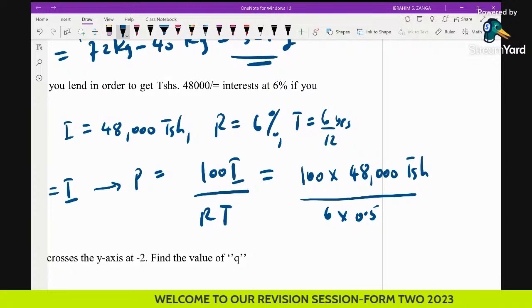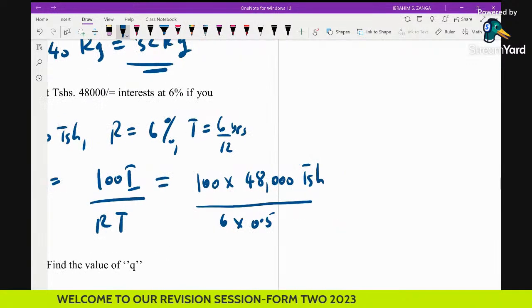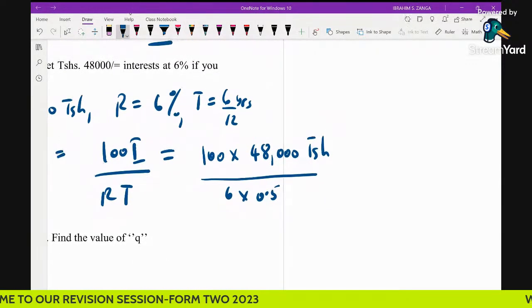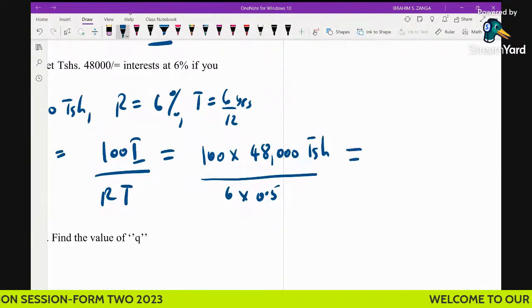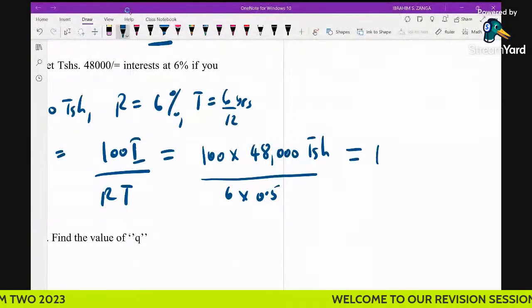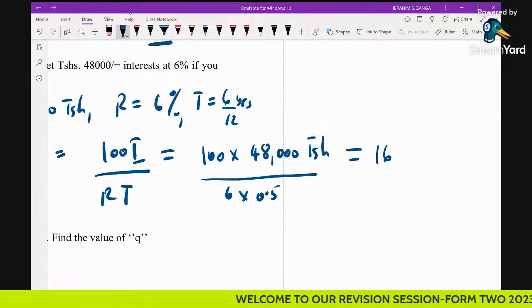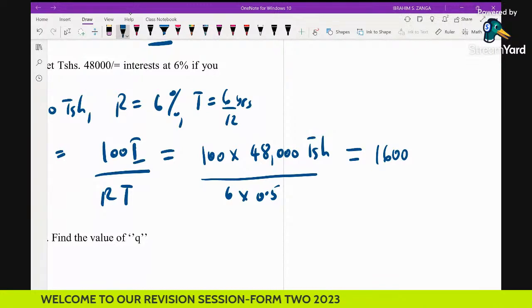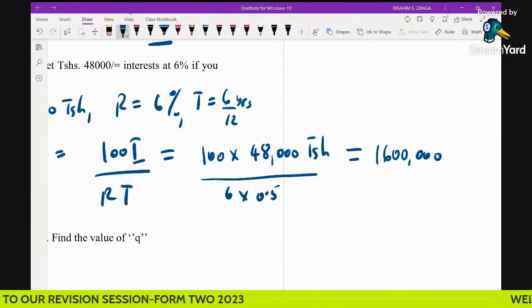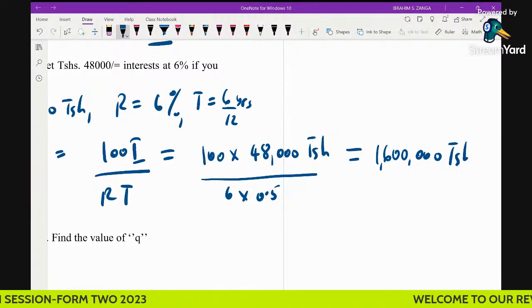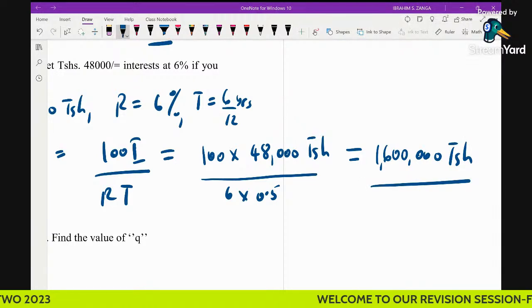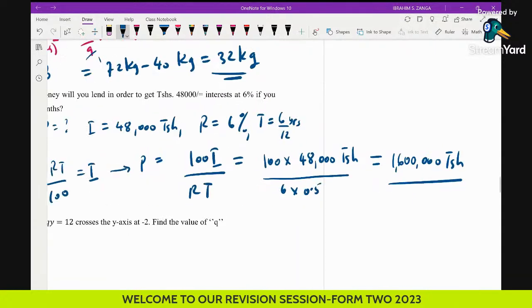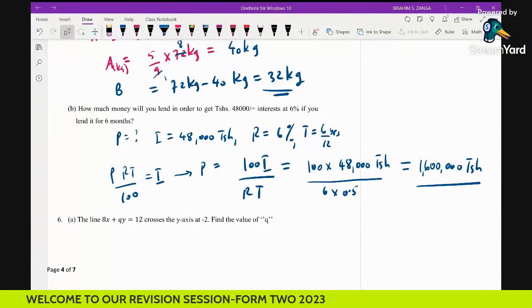So basically, when we simplify this expression here, we get 1600, and we have other 3 zeros. So it is 1 million. We have to borrow actually 1,600,000 shillings as the principal to get the interest of 48,000 shilling.